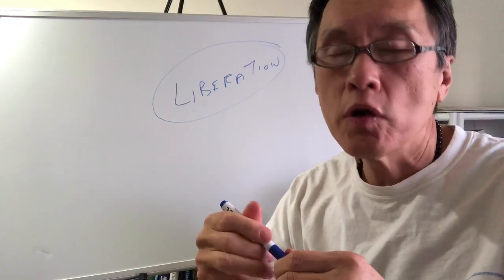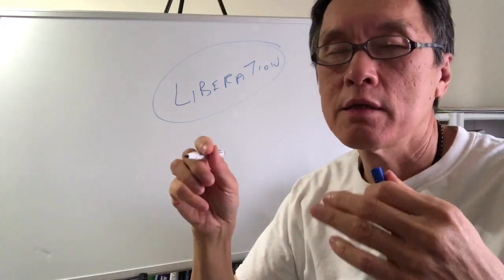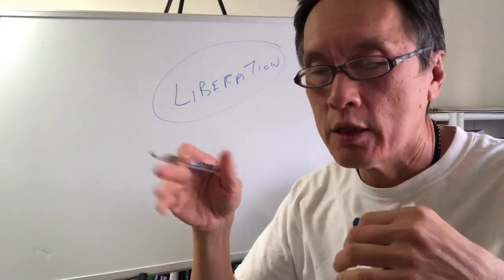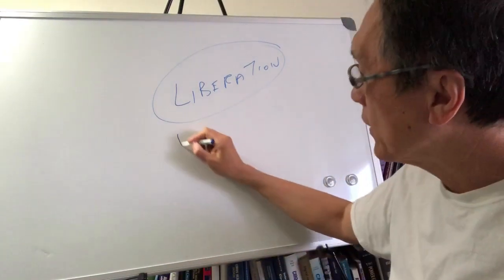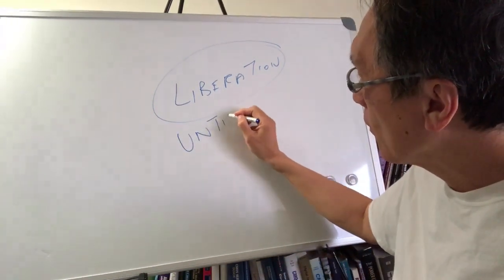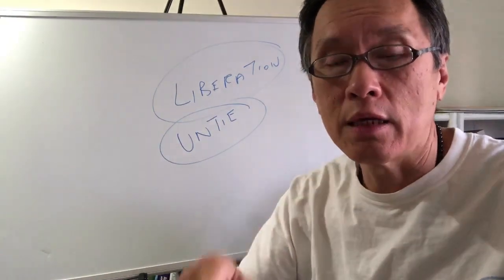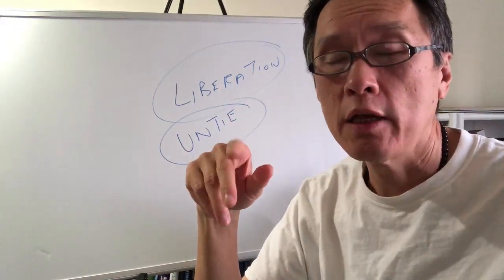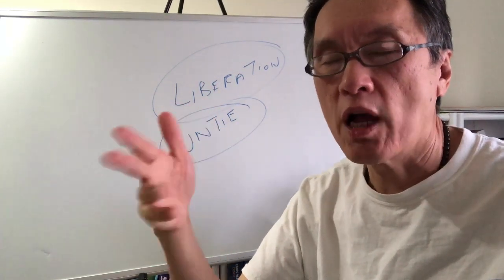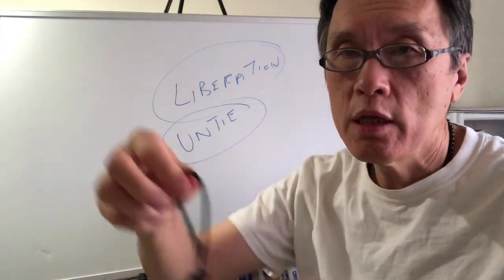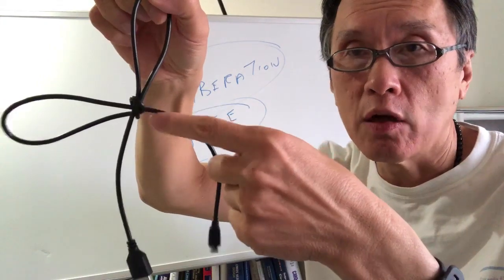It is described in Chinese as untie, like untying a knot. When Buddha taught in the Surangama Sutra, he said that one needs to be able to see the knot in order to untie the knot.